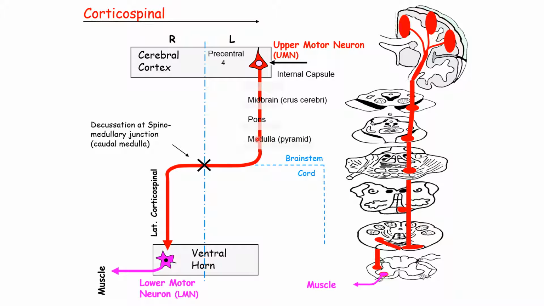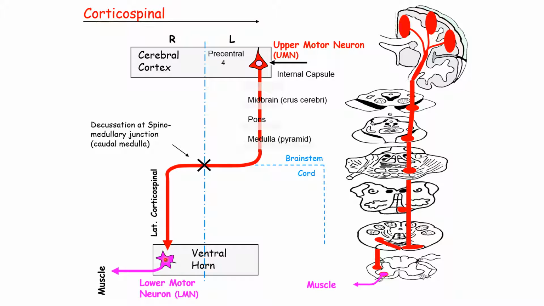And then at the bottom of the medulla, it will cross over to the other side, that is decussate, at the spinal medullary junction, or caudal medulla, to occupy a position in the lateral funiculus on the opposite side, until each neuron finds its target at a particular level, at which point it will activate a lower motor neuron.